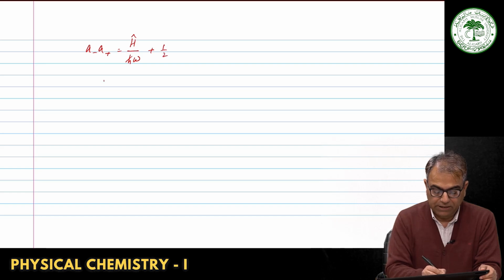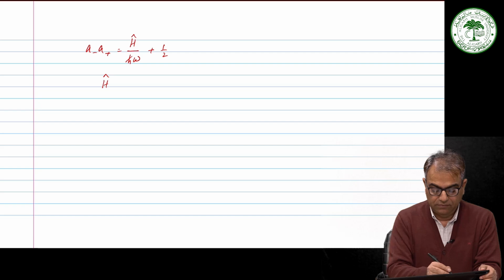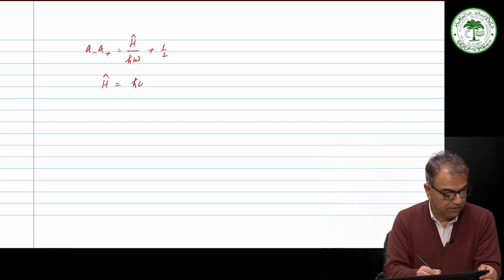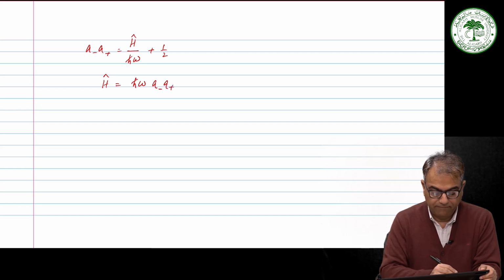What does it mean? What is the Hamiltonian now? The Hamiltonian is what you get when you multiply by h cross omega, the A minus A plus, and then you take the 1 by 2 to this side and it will be minus 1 by 2.